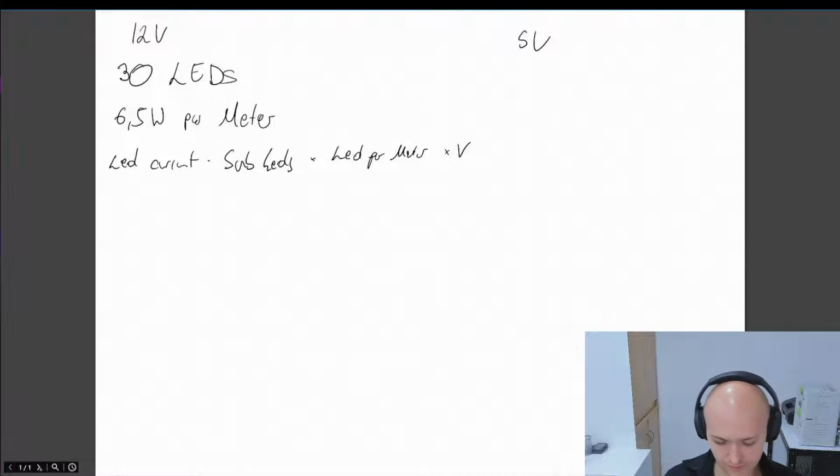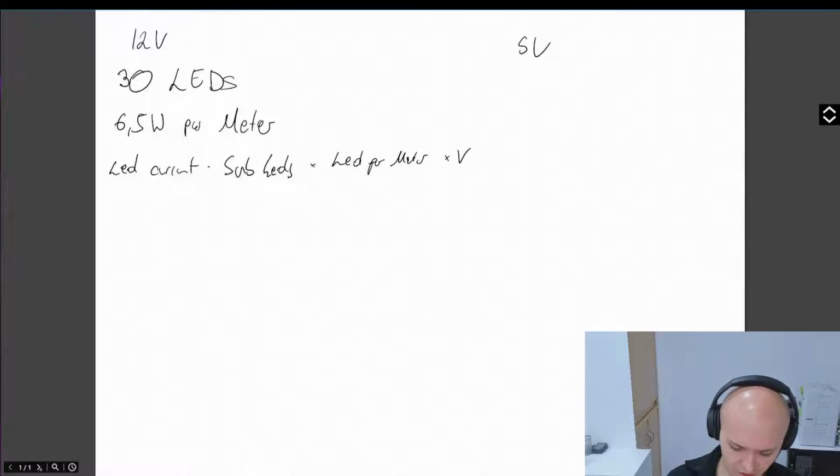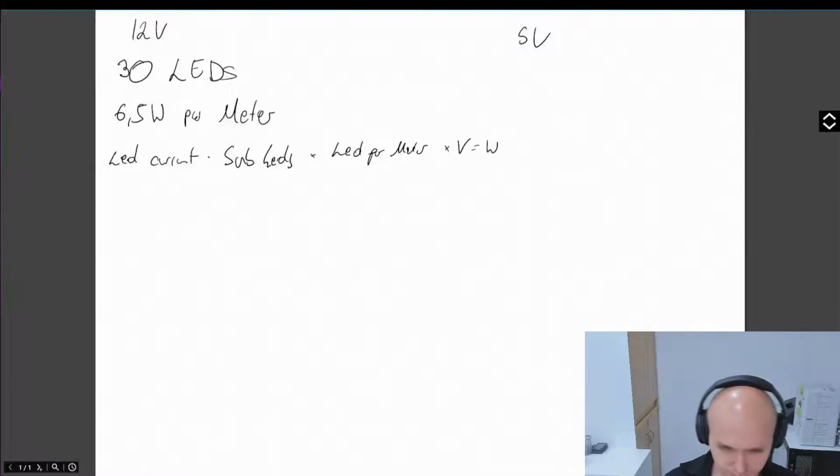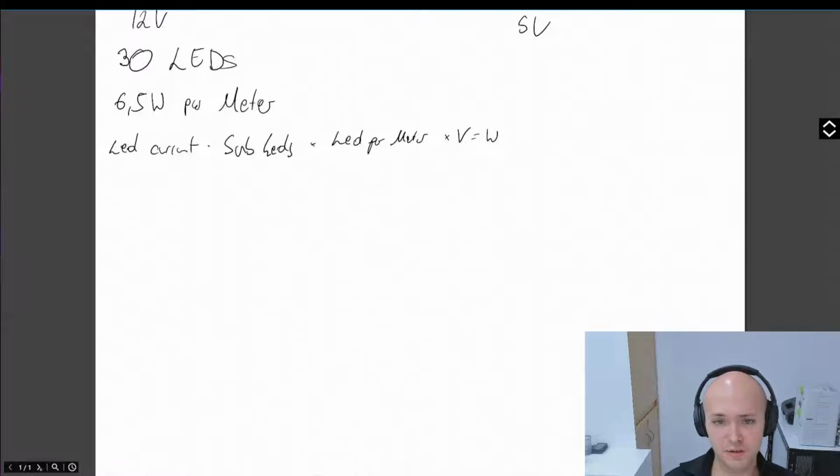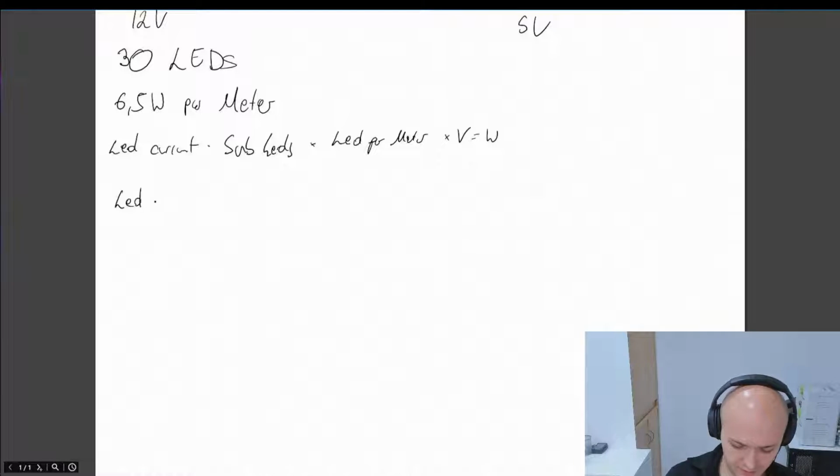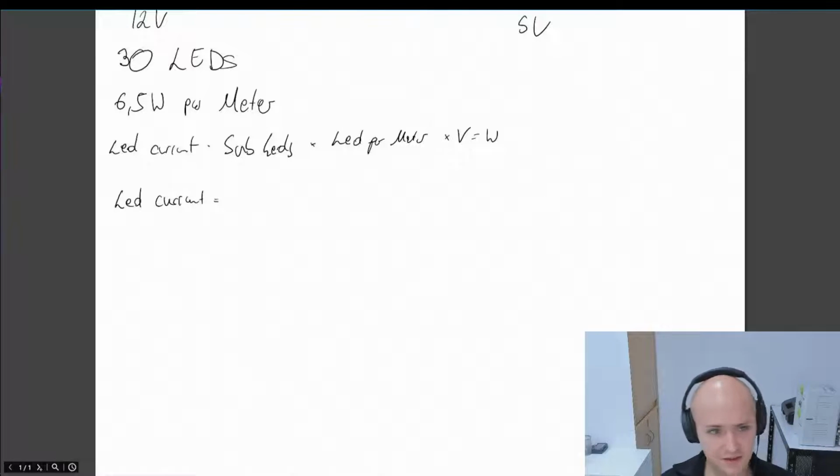So we can, of course, rearrange the formula and divide through it, so that the LED current would be the power divided by sub LEDs times LEDs per meter times voltage.